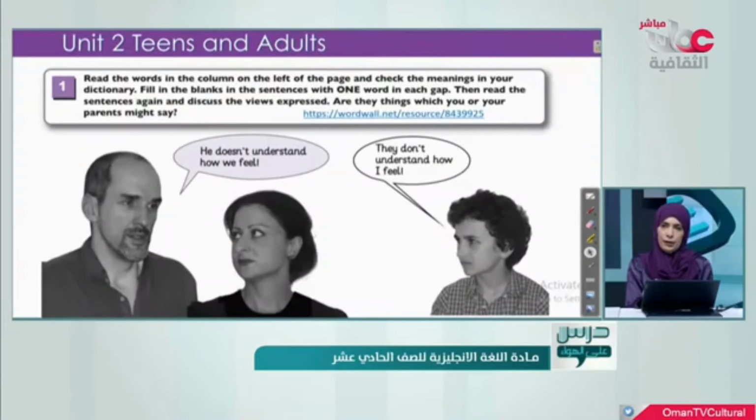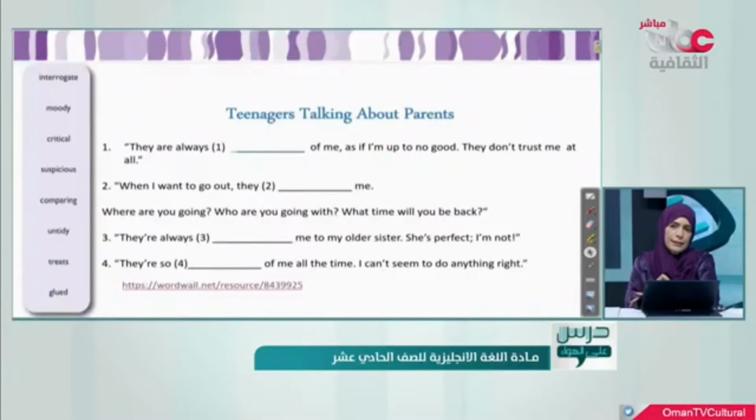Okay. Now, let us move to the workbook. In this task, we're supposed to prepare ourselves to answer a vocabulary task. We have a list of vocabulary, as you can see on the left side: interrogate, moody, critical, suspicious, comparing, untidy, treats, and glued.